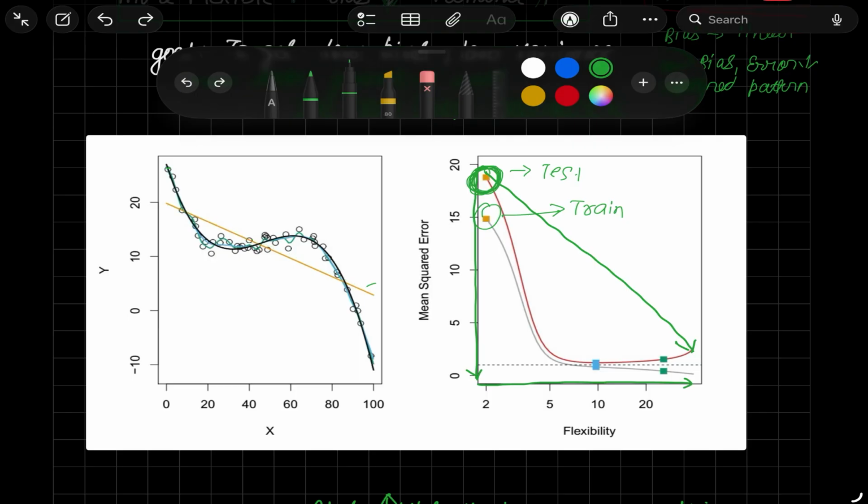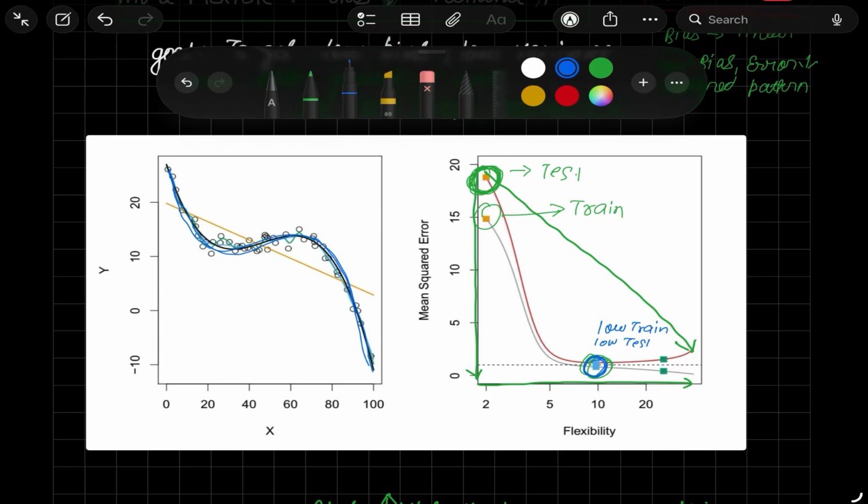But as we see different models, what is the blue model doing? It is actually capturing the pattern, which results in low train error and low test error.